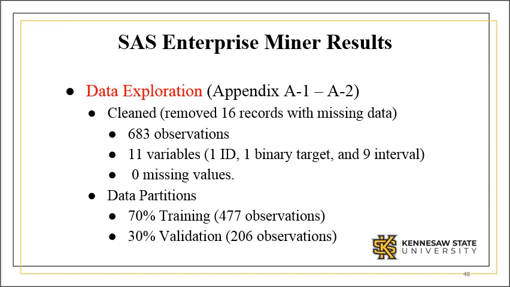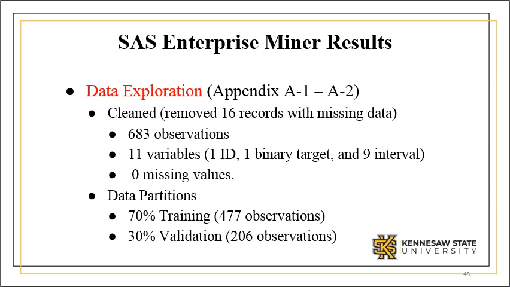We determined that using SAS Enterprise Miner is another valid way of creating models regarding cancer diagnoses using this breast cancer data set from Wisconsin. During data exploration, it was determined that 16 records had invalid or missing data. Those records were removed, leaving us 683 observations, 11 variables, and 0 missing values.